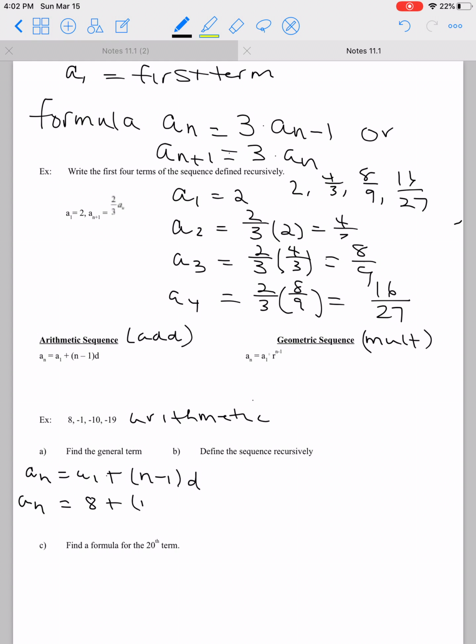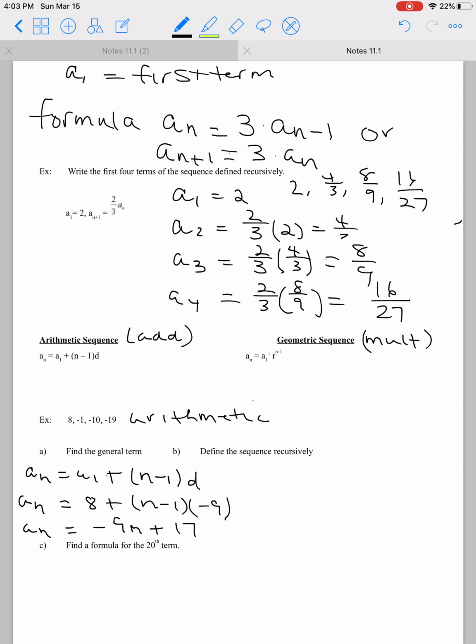We don't know how many there are, and the common difference is -9. And then we are going to distribute and combine like terms, and simplifying that, we would get -9n plus 17. And that would be our general form.